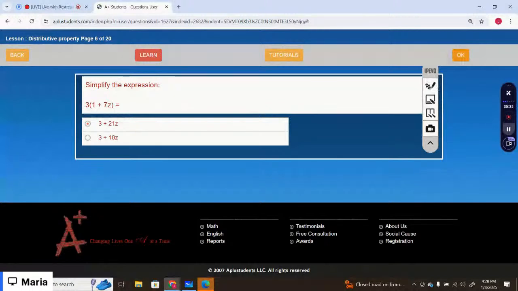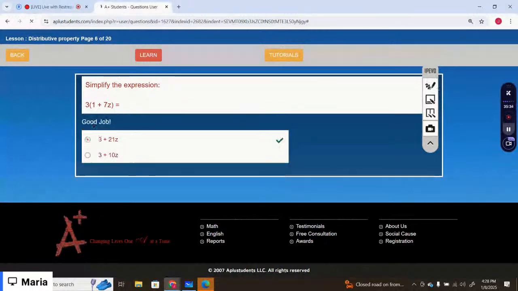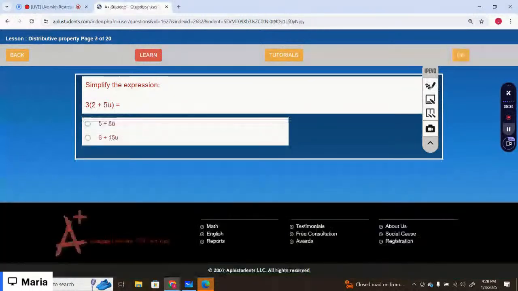Option number 1 is the correct option. Simplify the expression 3 times (2 plus 5u).